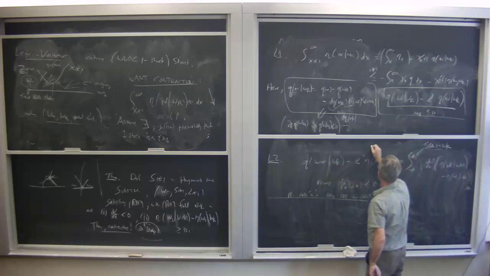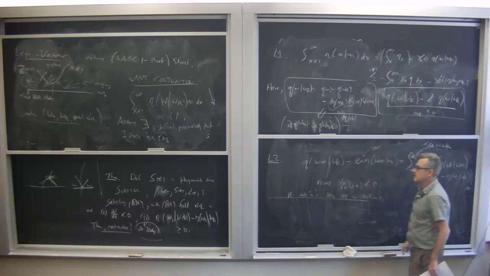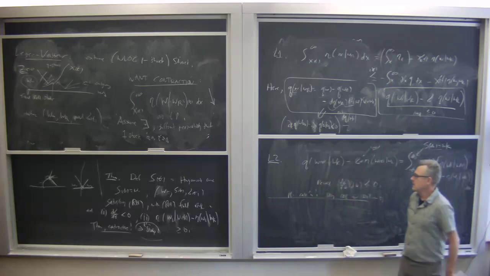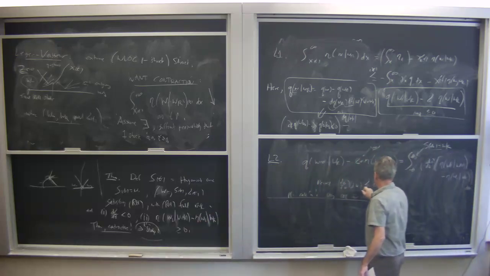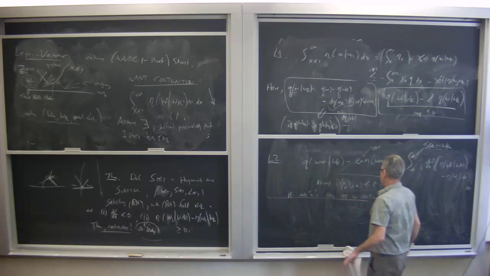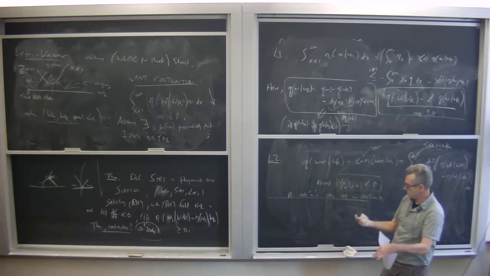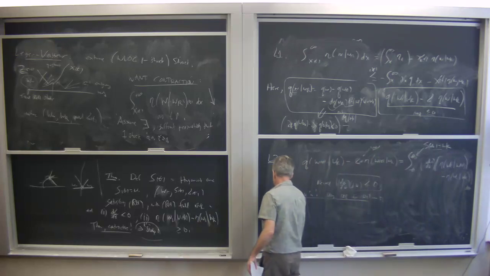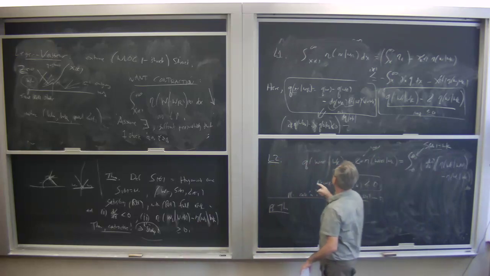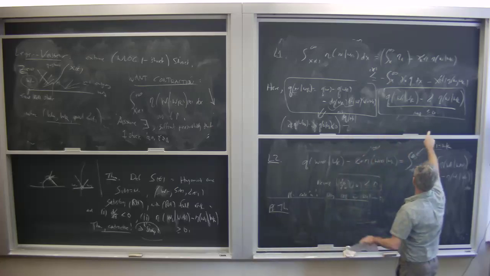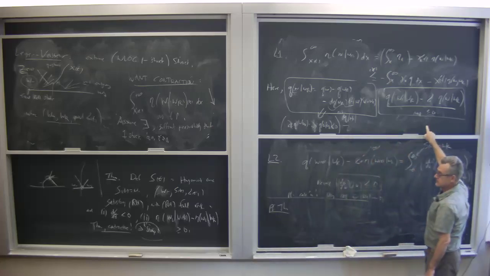So where did we use assumption 1? Oh, assumption 1, that's right here. I'm just mentioning it because now I prove the main theorem. The first lemma says all I have to show is that this is less than or equal to 0.